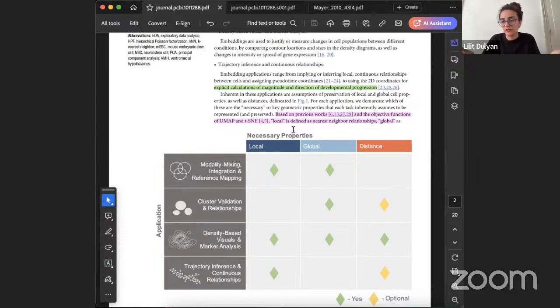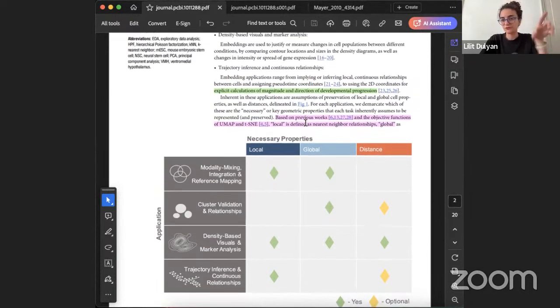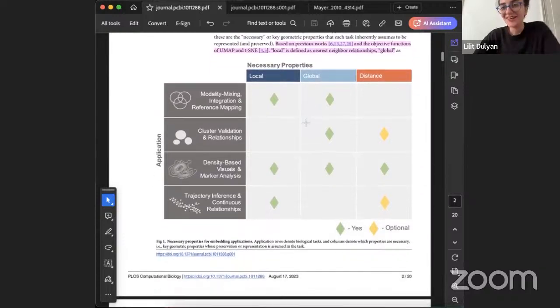Otherwise, we are violating everything, and we are changing the dataset and the relationship between the cells, right? So local structure is defined as nearest neighbor relationship. So if two cells are clustering in the same place or not. Is it clear? I hope so.